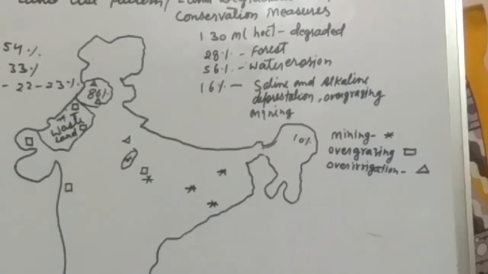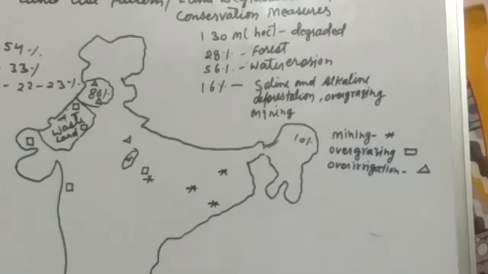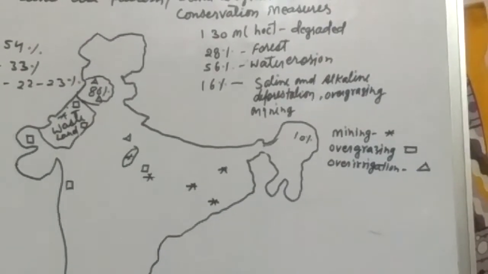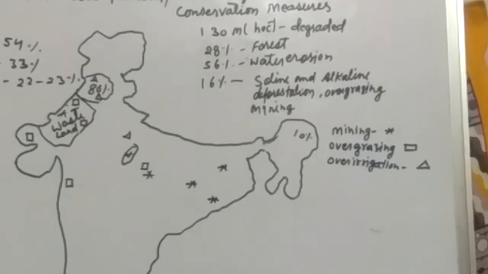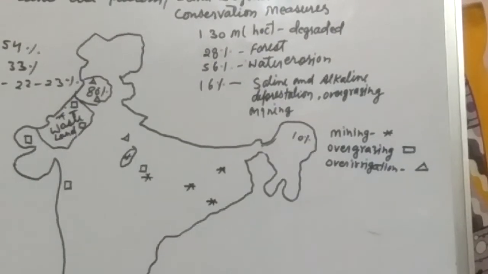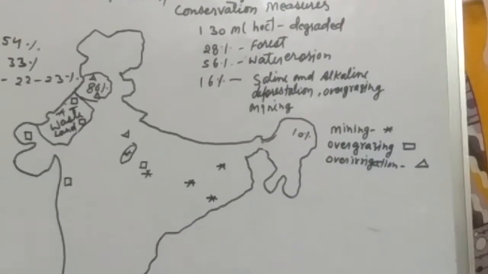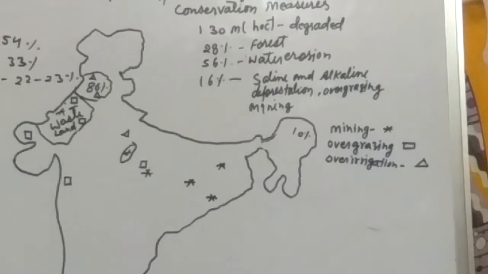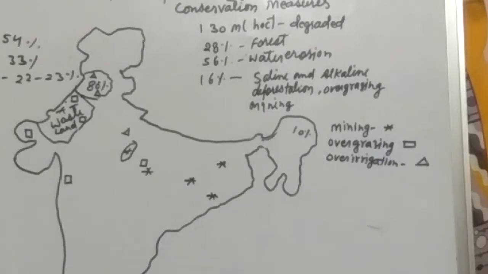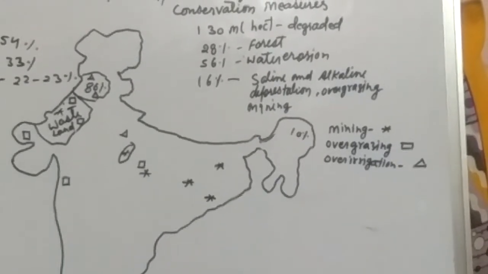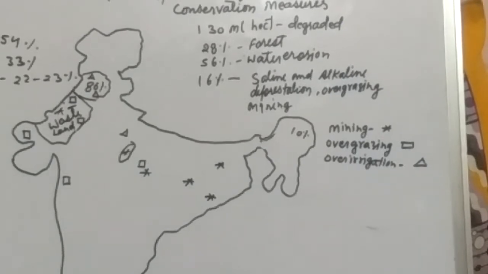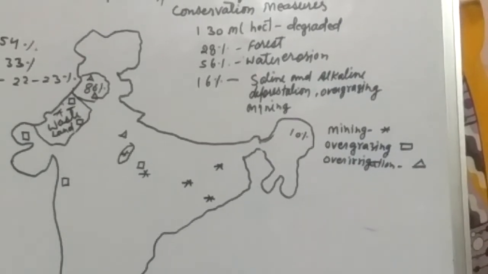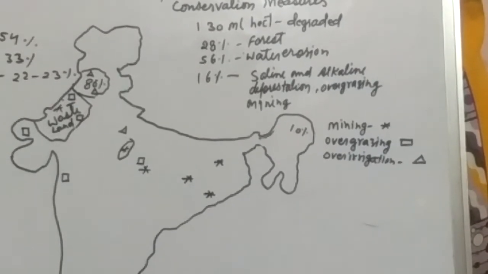Water erosion is a process where natural and man-made conditions are seen in water erosion, such as floods and many other disasters, which destroy the upper layer of the soil day by day, such as cyclones also.